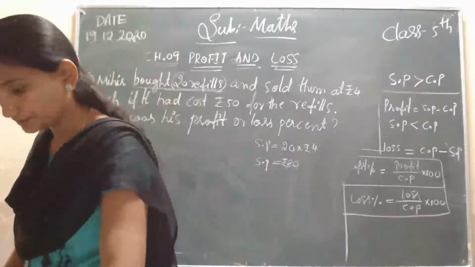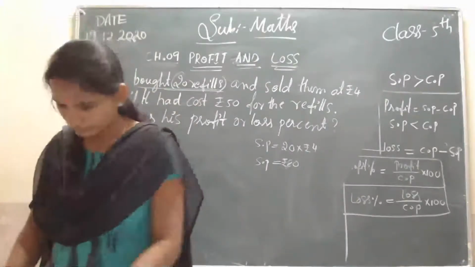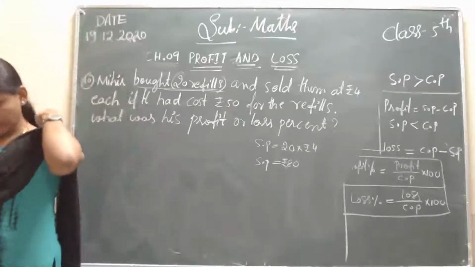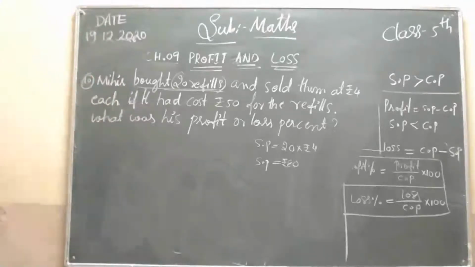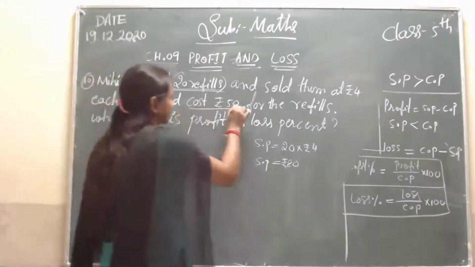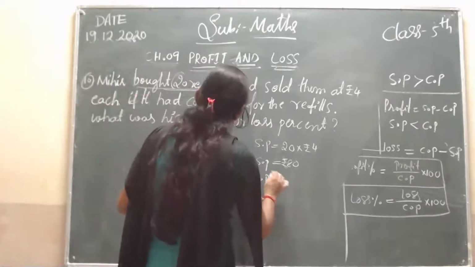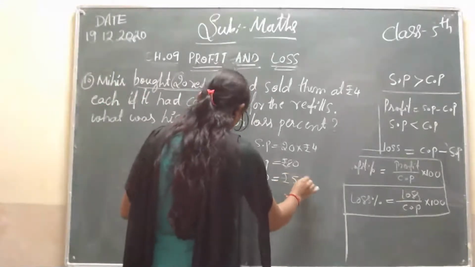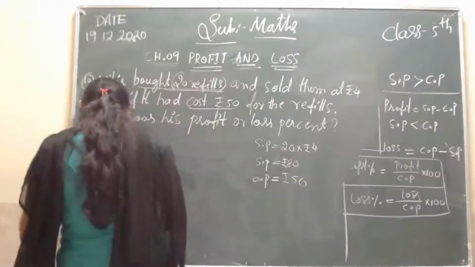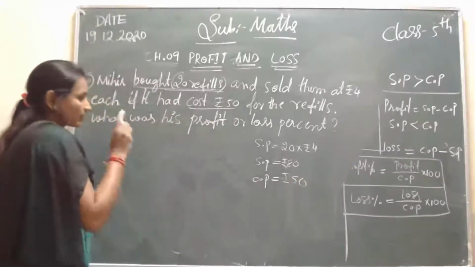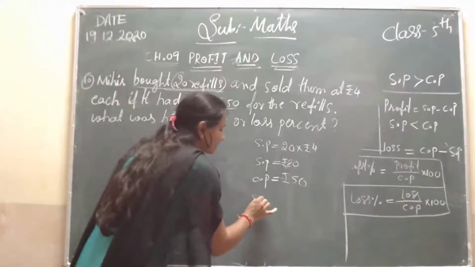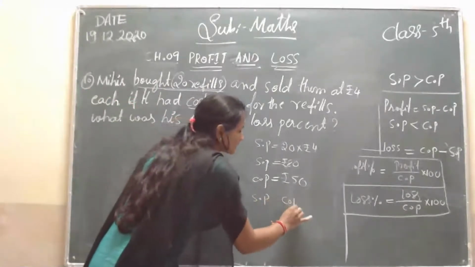So next, to consider the refills, students, in cost price, what is the given cost price? So CP means you have to consider that is 50 rupees. So you have to compare, students, CP and SP.